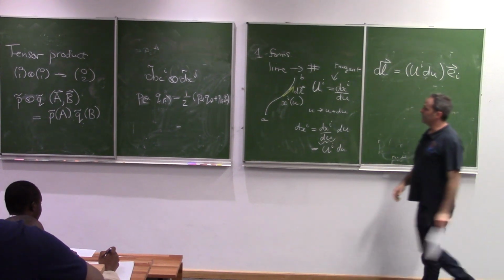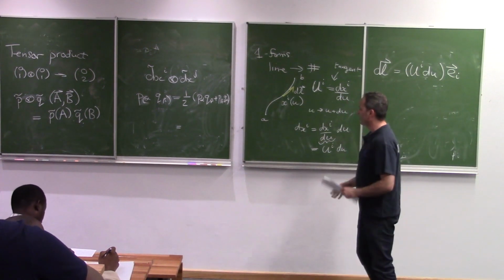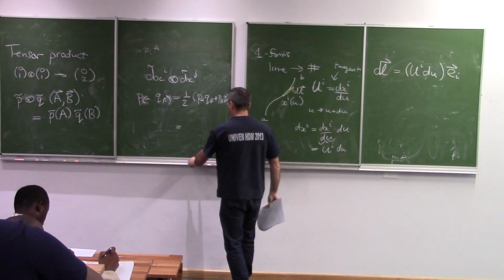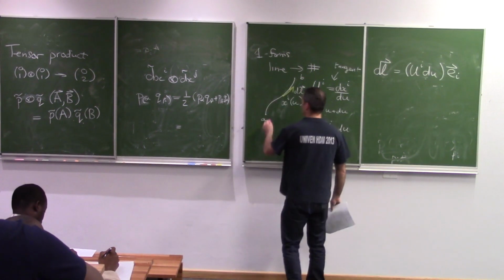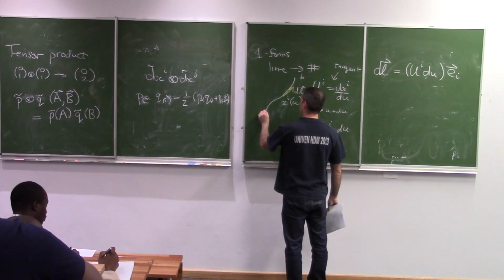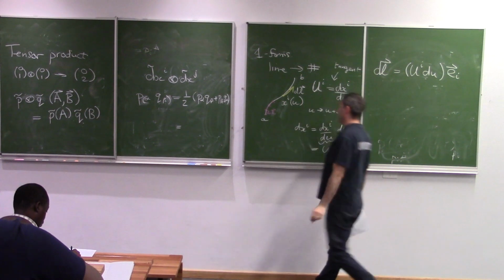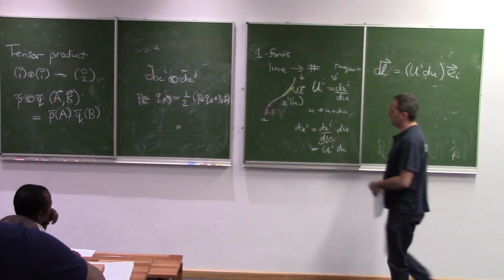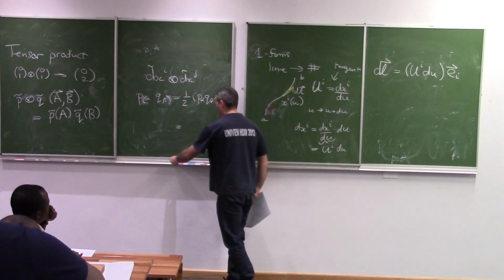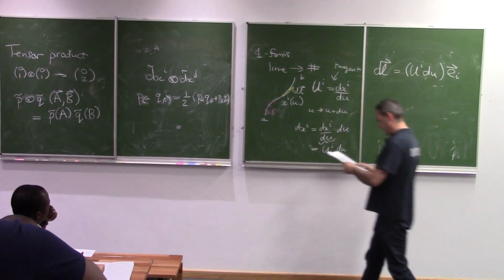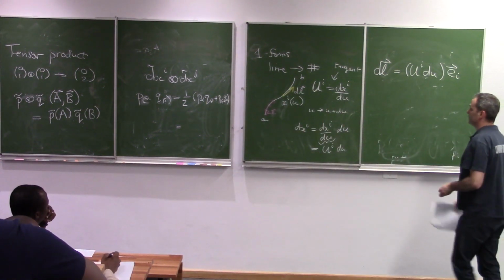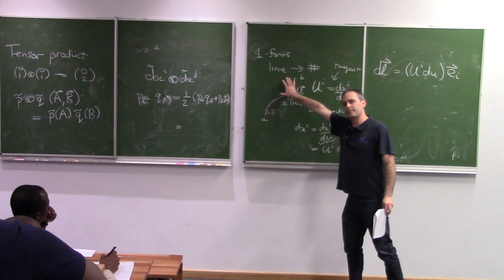Good, so in order to map this curve to a number, I can divide up this curve into a whole lot of little dLs. And I want to take a one form, and this one form is going to map this whole line to a number.